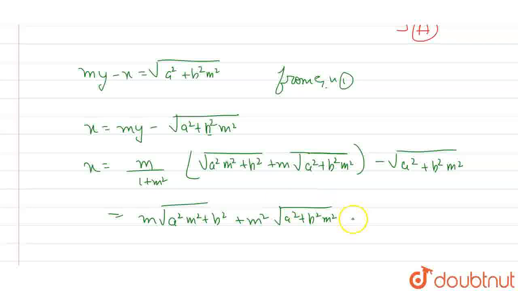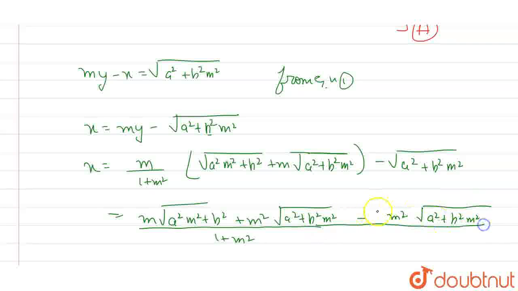And taking LCM, this will become what? So if I take the LCM here, this is 1 plus m square minus what here? This will become m square under root of a square plus b square m square, if I take the denominator of the whole. So taking the LCM, I'll receive this one.